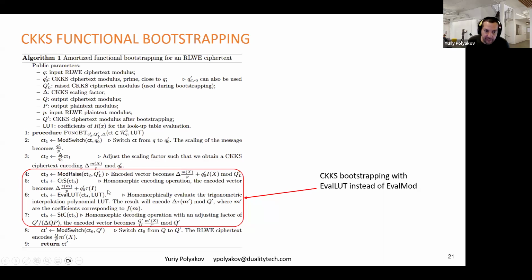Afterwards, we perform the actual LUT evaluation, which in our case replaces eval mod that's used in classical CKKS bootstrapping. And finally, after we're done with the computation, we need to put it back into the coefficient representation. We call it slot to coefficient transformation to basically make it ready for BFE afterwards via scheme switching.